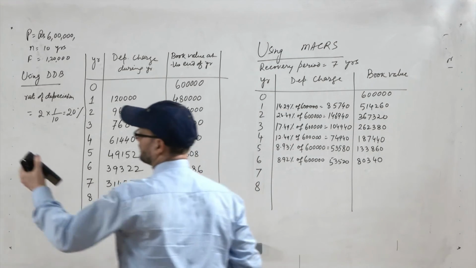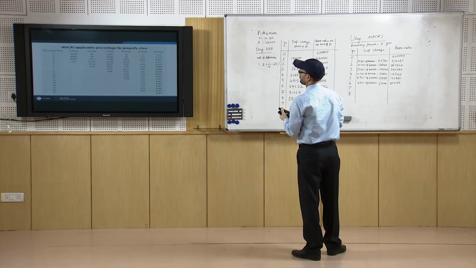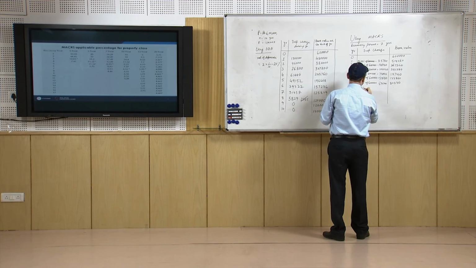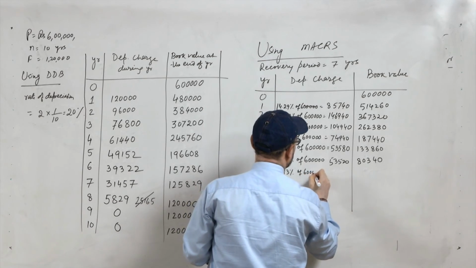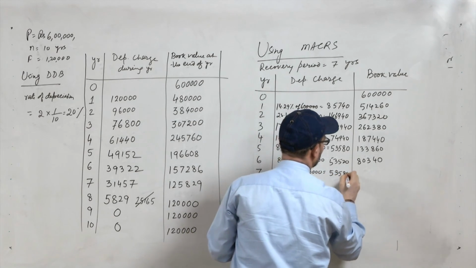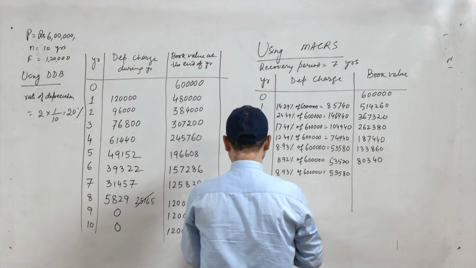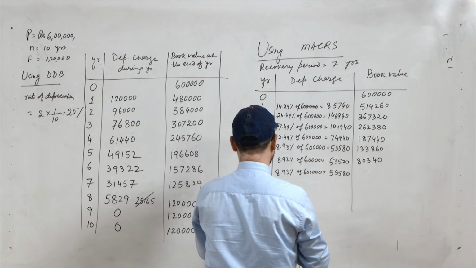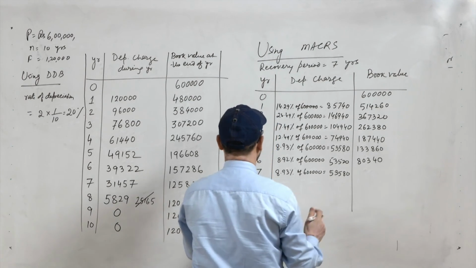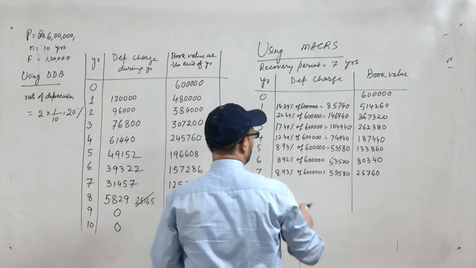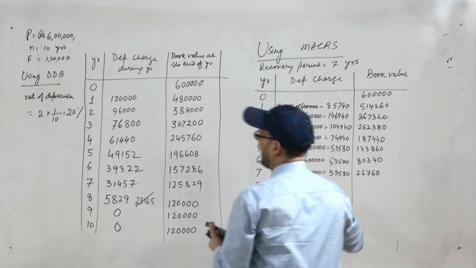Now, we see that this 8.92 is going for 8.93 again percent. So, 8.93% again, it will be 53,580. So, 83,440 minus 53,580, that is 26,760, and this is nothing but it is the half of this.